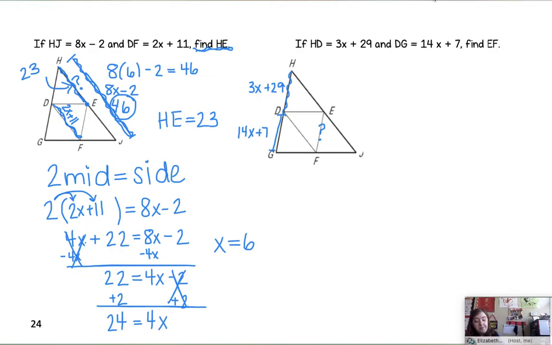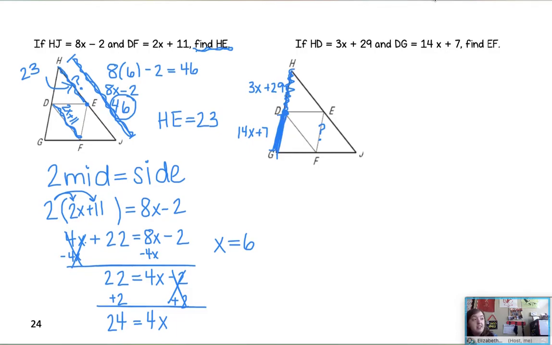Okay. So since DE and DF are mid-segments, and so is EF, we know D is a midpoint, right? What do I know about HD and DG? What do I know about these two pieces that they gave me in the problem?